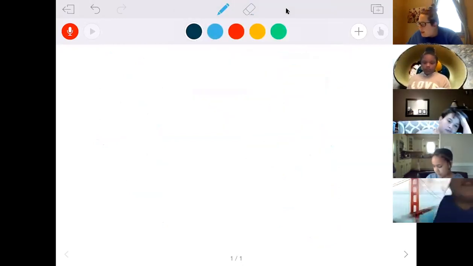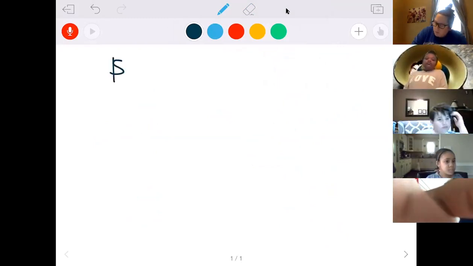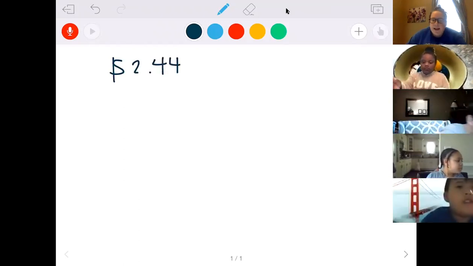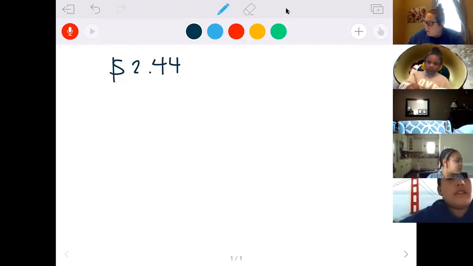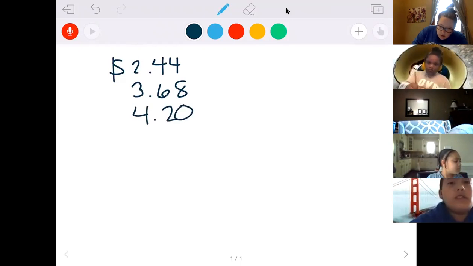We're gonna add up $2.44. And if you just put a dollar sign on the first one, you don't need to put it on every single one. $3.68, $4.20, $1.64.